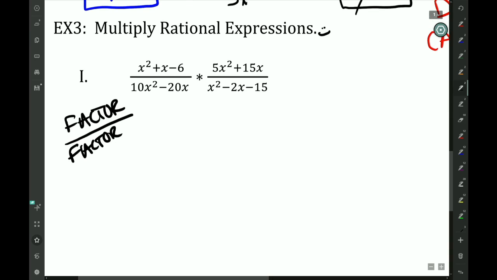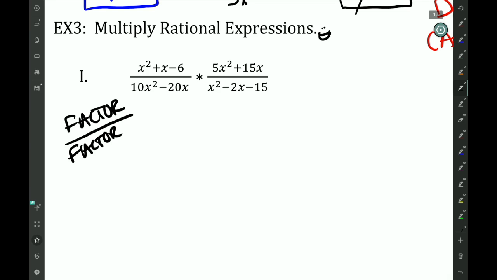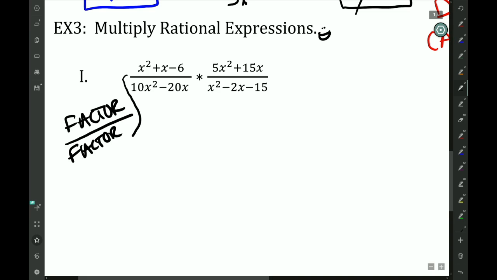There's so much going on in this particular case. We aren't going to check the restrictions, but what's going to happen? I recommend setting up a lot of space. So first we are going to factor. Let's factor the numerator, and let's factor the denominator. Let's see what we can do.